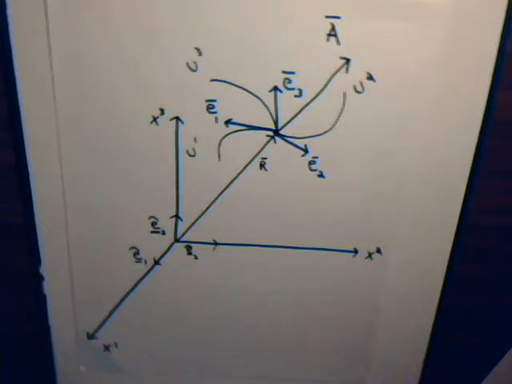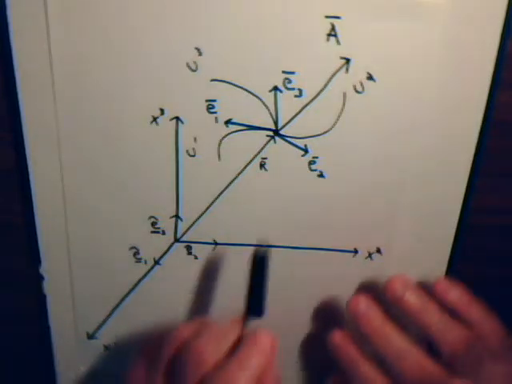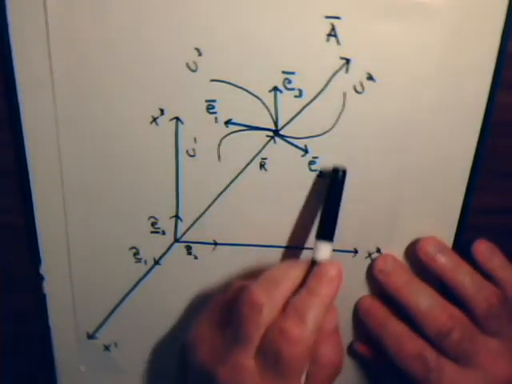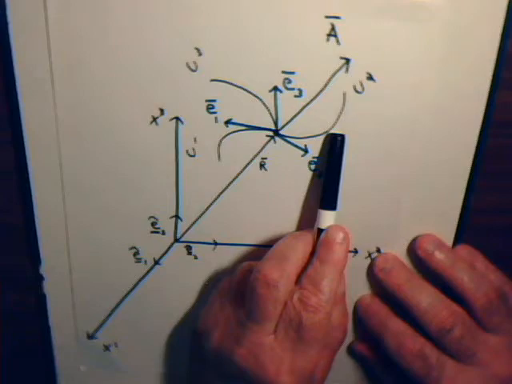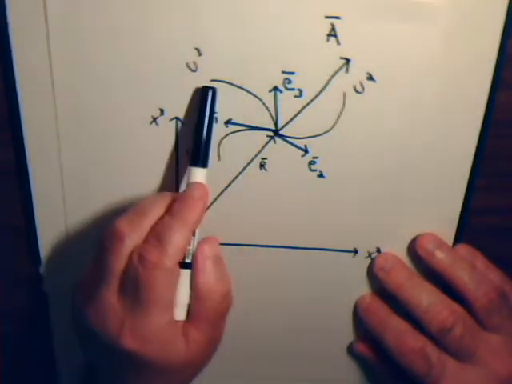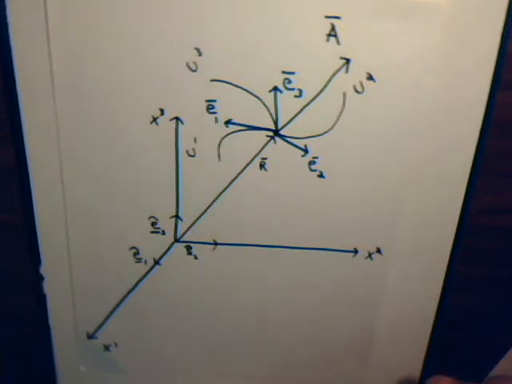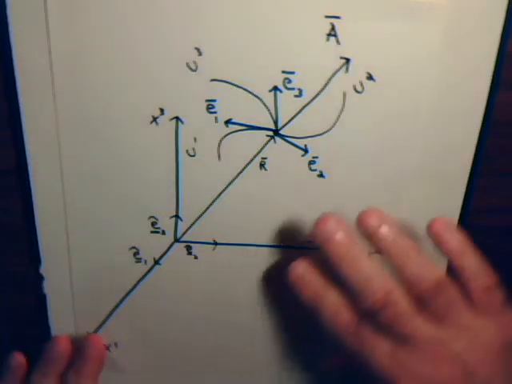They work with the tangent vectors, so that if we have a vector A, that's going to have a component on the U2 axis, a component on the U3 axis, and some component also along the U1 axis. So vector A could be written like this then.